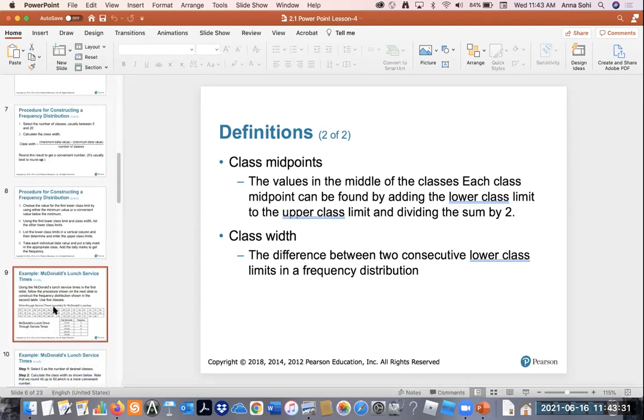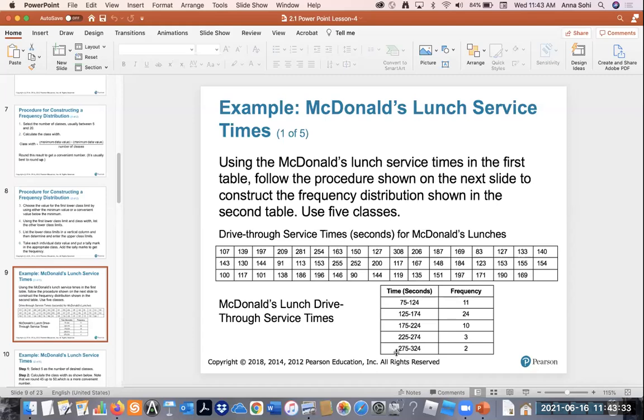If I go back to the table, whatever you see at the beginning, 75, 125, I'm going to tell you how you obtain them. 175, 225, 275, all of these are called lower limits. 124, 174, 224, 274, 324, they are called upper limits.